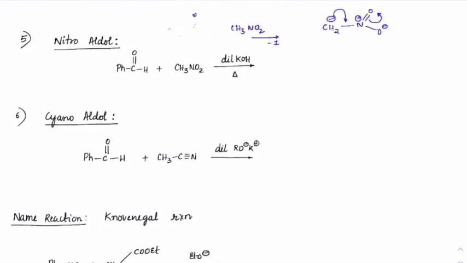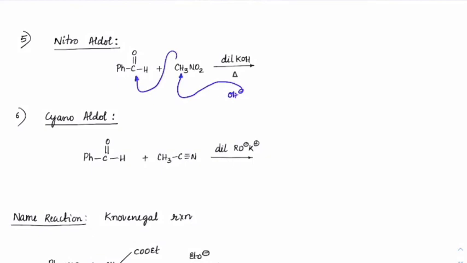So if you see, on adding OH minus, the OH minus will extract the proton from the alpha position, the alpha hydrogen of the nitro group. So we will get a carbanion from there, and that carbanion which is forming is the one which will attack on aldehydes.